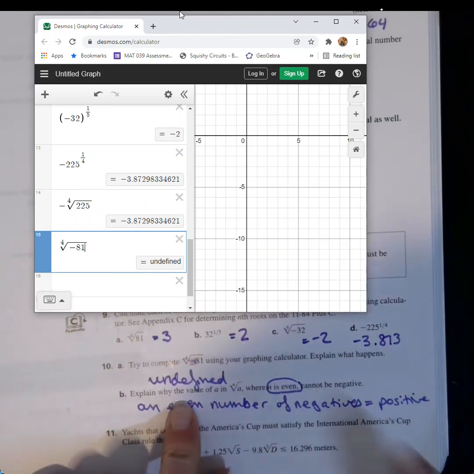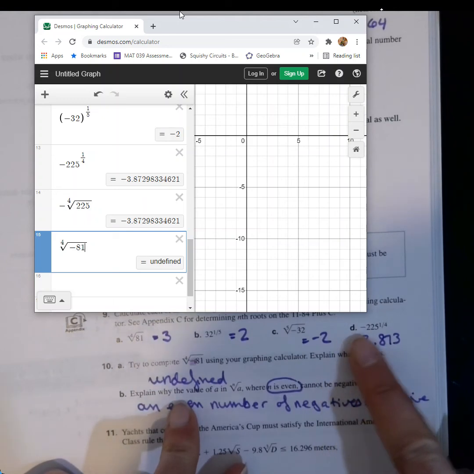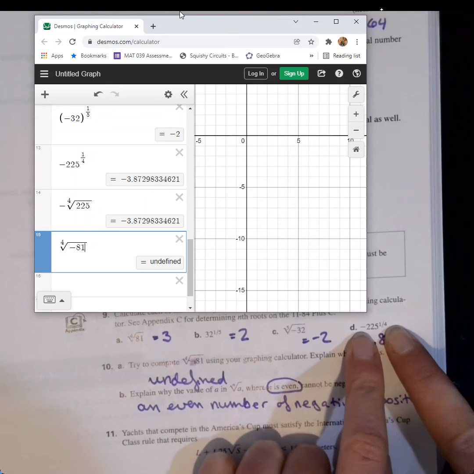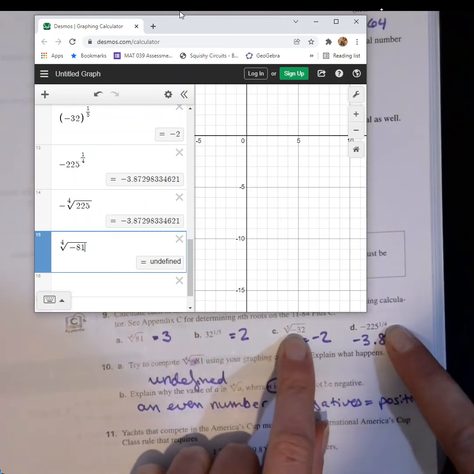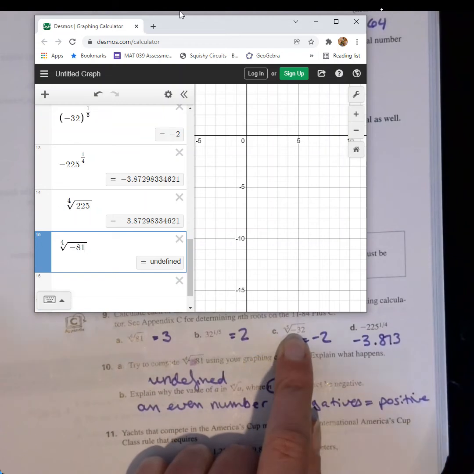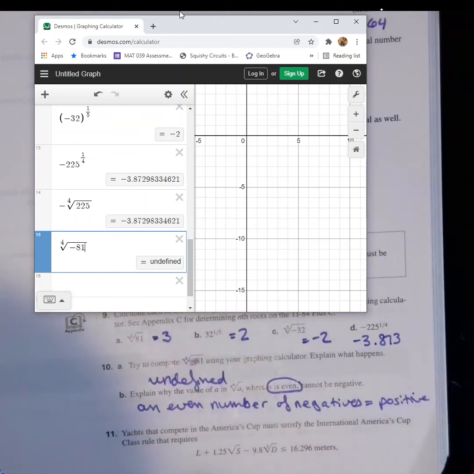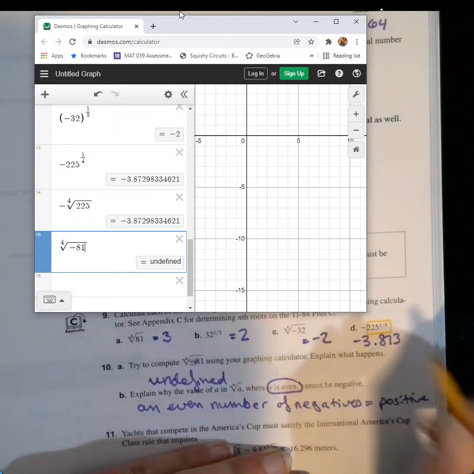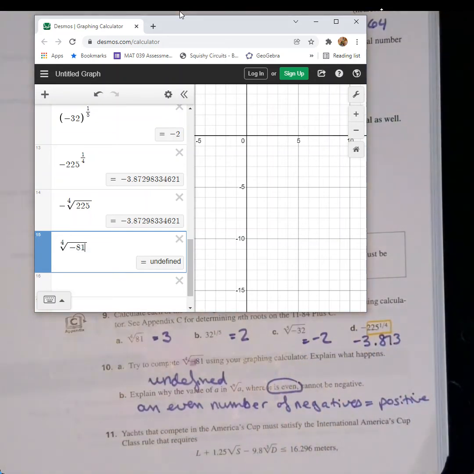The reason that it worked for me in part D, where I had the even index, is because this negative is not part of the radicand. It's not inside. These are super exclusive little functions here. So if I write it this way, I will have to assume that just the 225 is supposed to be raised to the 1/4 power. And so if I had put it in parentheses, it would not have worked.